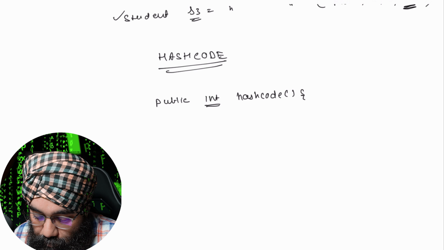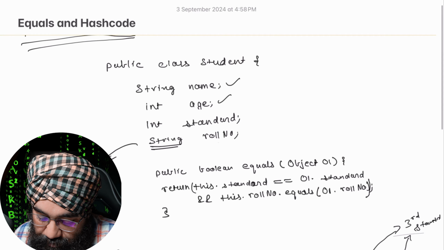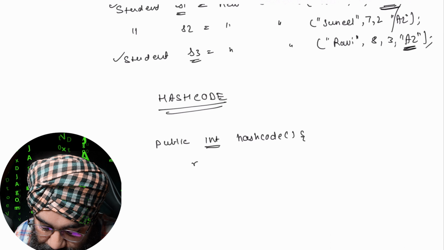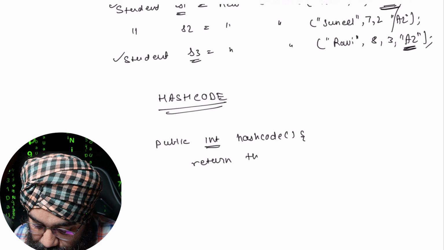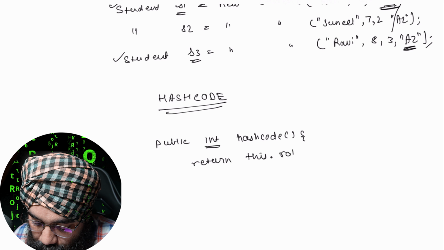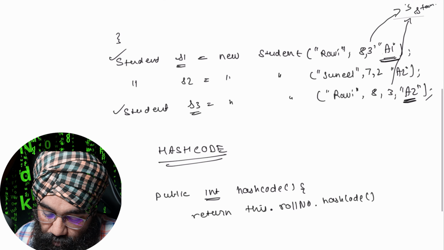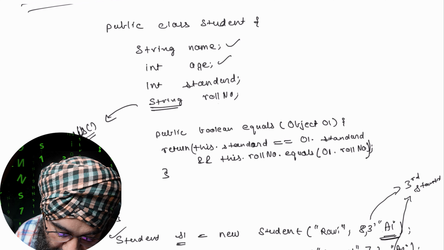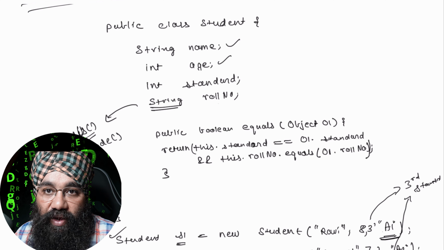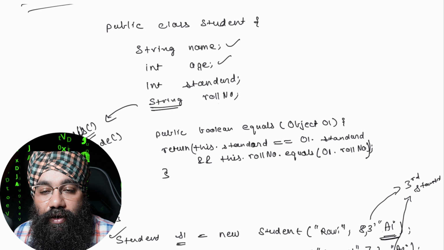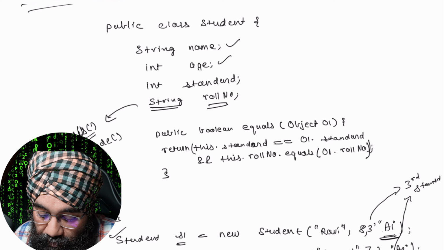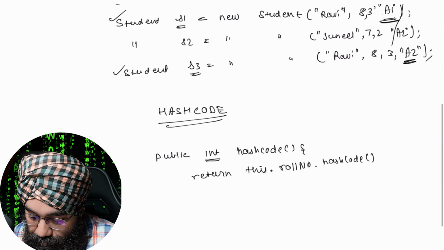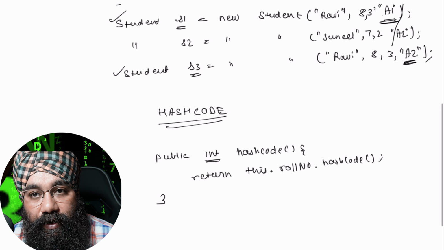The simplest thing I can do is say return this dot roll number dot hashCode. Remember, roll number is a string, so it also has a hashCode method available, which will return the hash code for this string. But we need to implement a hash code for this object, which has many properties. I can simply do this, and this will return an integer.